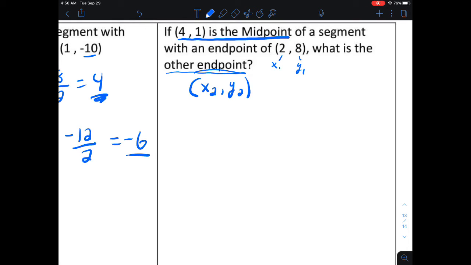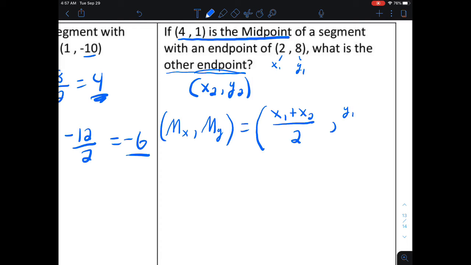And remember what our midpoint equation is. A midpoint coordinate, which I'm going to write as mx, my, is equal to the coordinate that is the average of the x numbers, x1 plus x2 divided by 2, comma, the average of your y numbers, y1 plus y2 over 2.